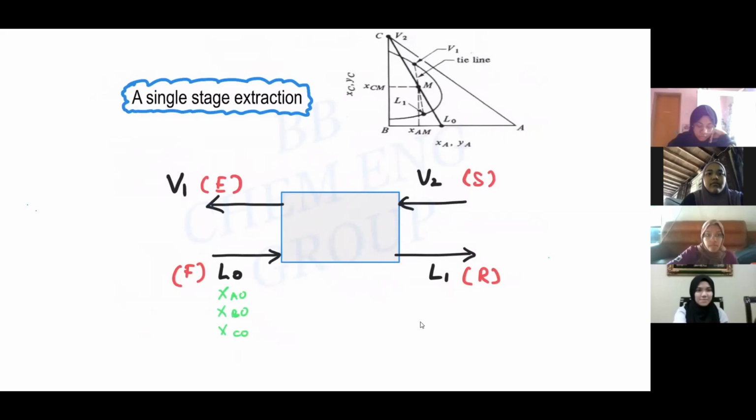For L1, XA1, XB1, XC1. For V2, you're going to have YA2, YB2, YC2. And for V1, you're going to have YA1, YB1, and YC1. That is relevant to the symbol of the stream that you have.